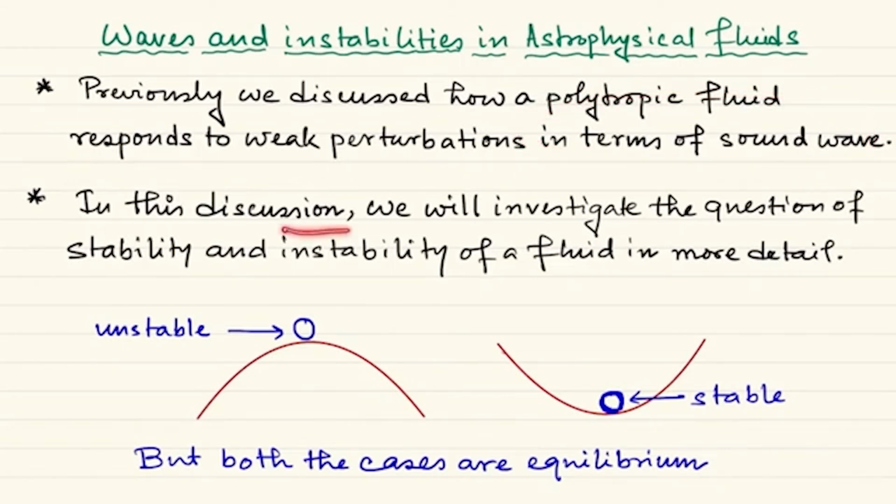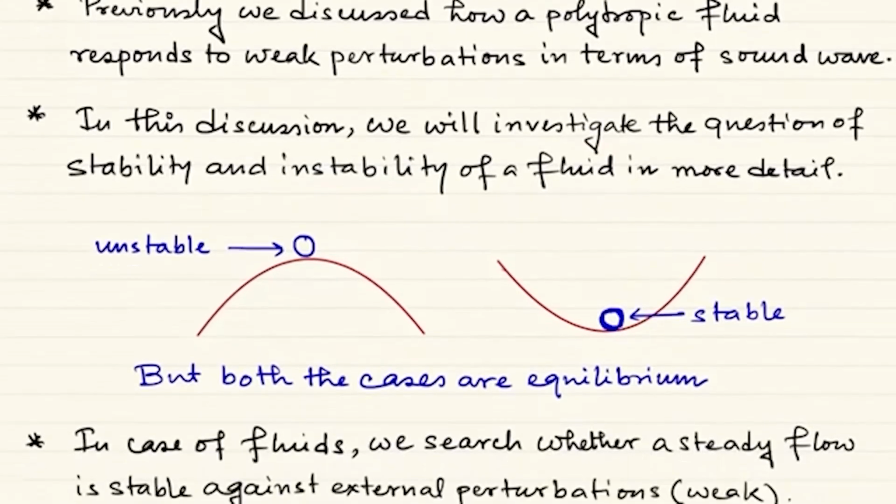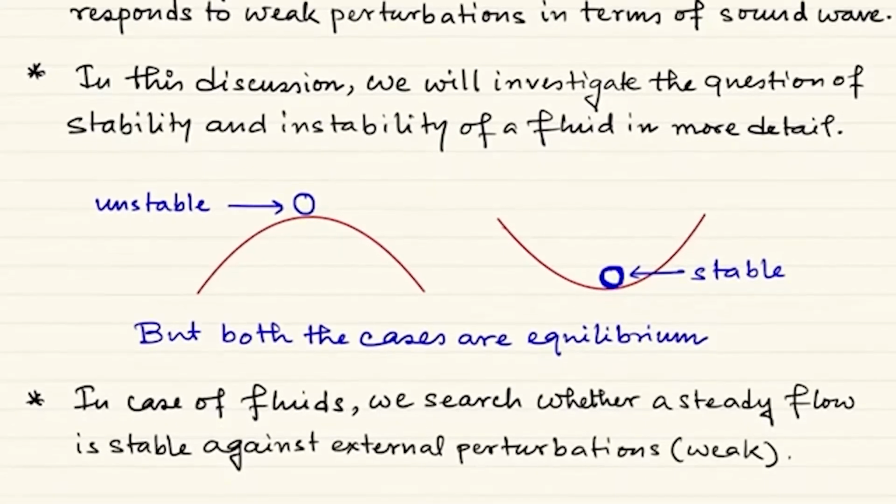In this discussion, we will investigate the question of stability and instability of a fluid in more detail, from a general perspective. So let's go back to the particle picture in Newtonian mechanics.